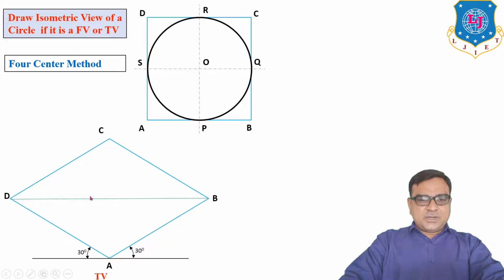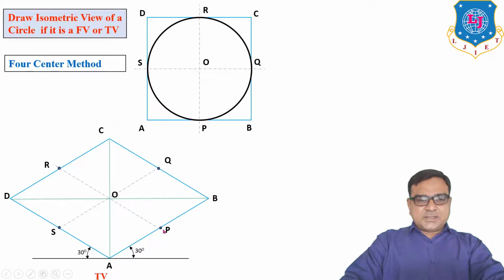Then you have to join two opposite corners, BD and AC. Find the center O and find the midpoint of every side by taking a line parallel to this from O and a line from O parallel to AD.